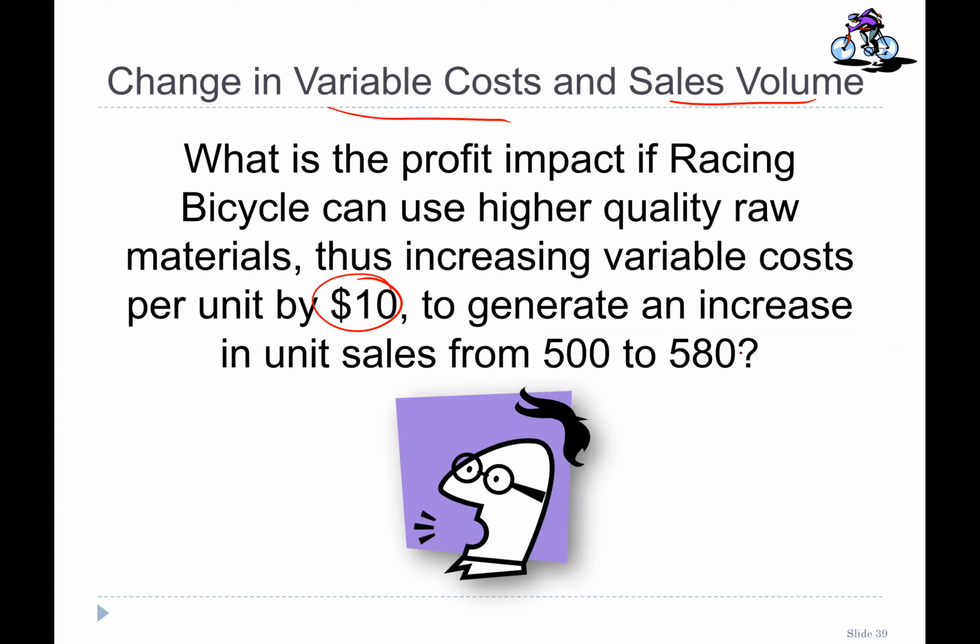So we can just solve right now here. How much is the variable cost? 300. Now it becomes 310. Previous sales were 500. Now it's 580. Right? What should be the profit? Can you calculate that?